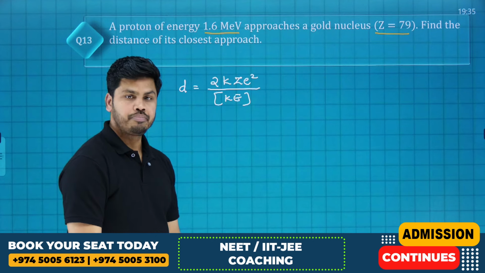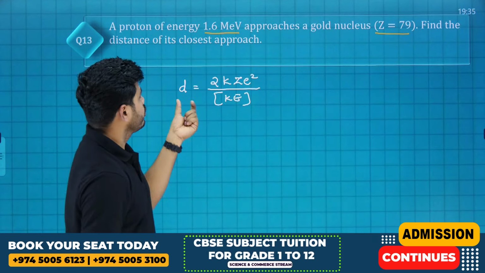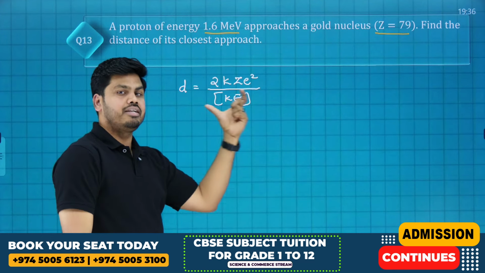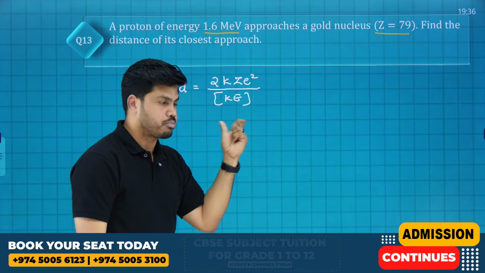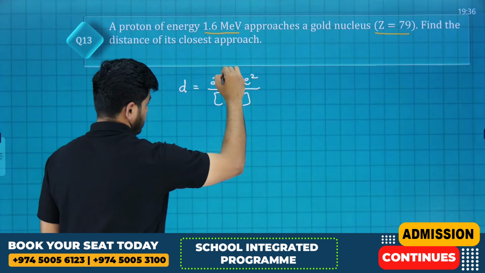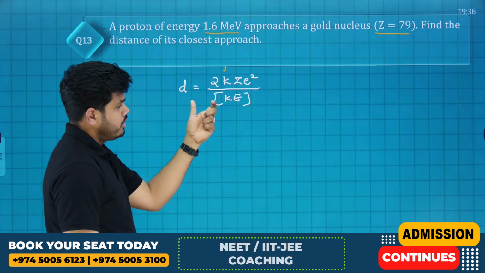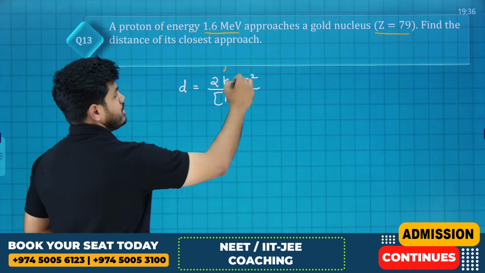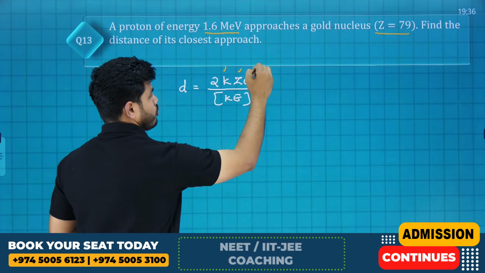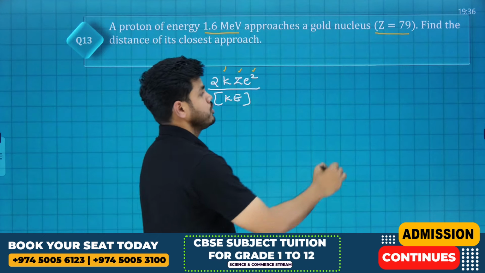1.6 MeV. When we substitute these values, we are looking for the distance of closest approach. K is 9 into 10 raised to 9 for SI units. Z is 79. The charge of the electron is in coulomb. So all SI values we are going to substitute.